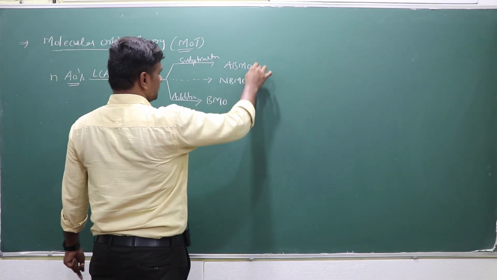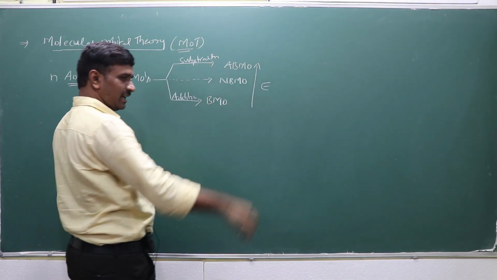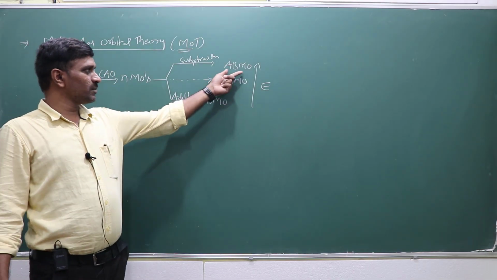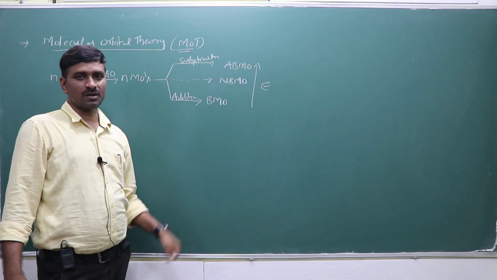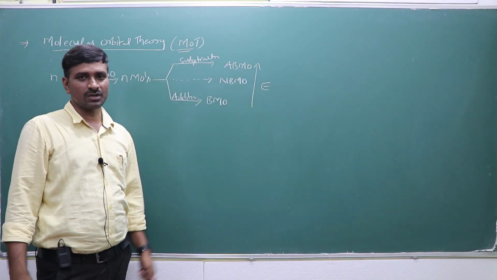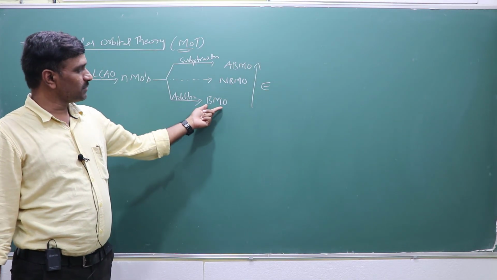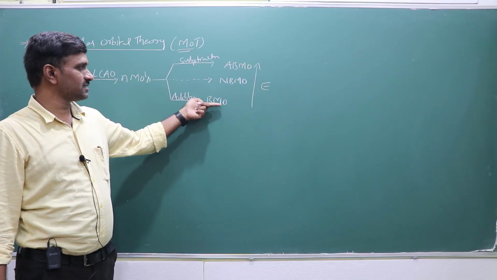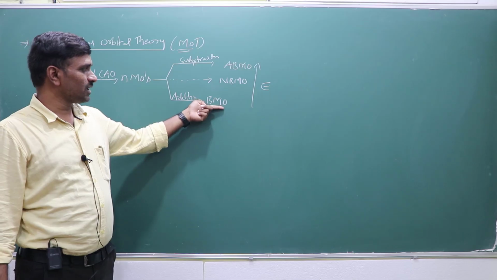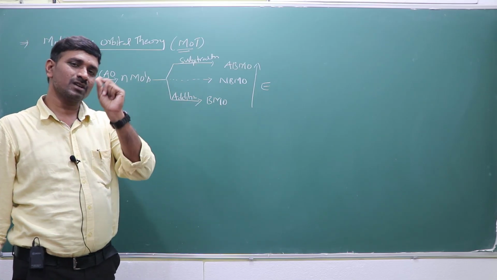Based on the energy, anti-bonding molecular orbital energy will be high compared to the bonding molecular orbitals. In between these two, non-bonding molecular orbitals are there. So bonding molecular orbital energy is less and it is more stable, because electrons present in the bonding molecular orbital are considered somewhat stable.